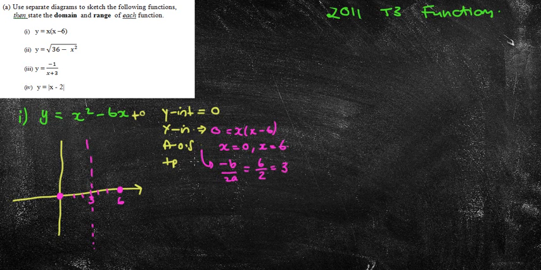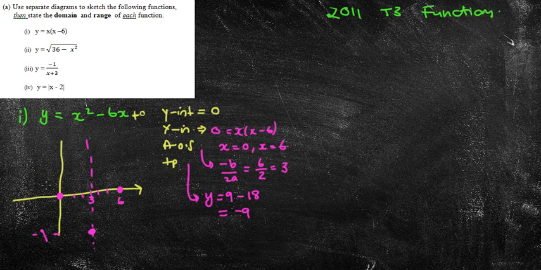We need that value so we can sub it in to find our turning point. So y is equal to, using this formula here, 3 squared, which is 9, take away 6 times 3, which is 18, and 9 take away 18 is negative 9. So I'm going to put negative 9 down here and put my coordinate, and then I can do my sketch.